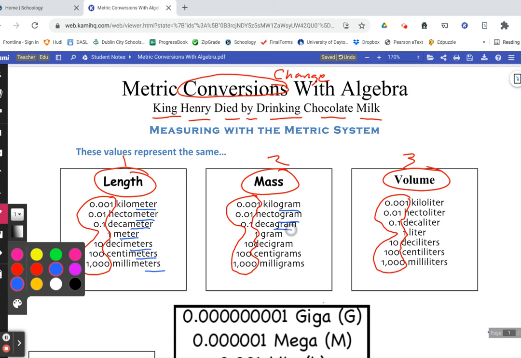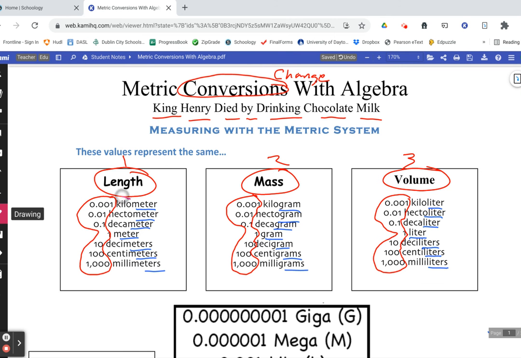In mass, each one is a gram, and each one in volume says liter. Last but not least, some of you are going, wait a minute, Mr. Timo, the fronts of these words, kilo, hecto, deca, deci, centi, milli, those are the same within each box and across the boxes.